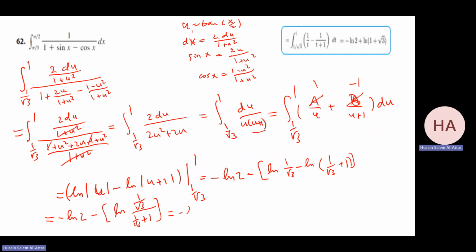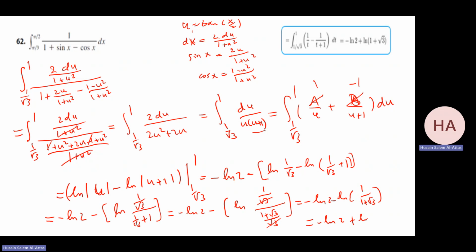Simplify more: minus ln 2 minus ln of 1 over square root of 3 over 1 plus square root of 3 over square root of 3. That will be minus ln 2 minus, this cancelled, then 1 over 1 plus square root of 3, which is 1 plus square root of 3 to the power minus 1. That will go as minus, so that will be plus ln of 1 plus square root of 3. Just properties of ln, which is this one.